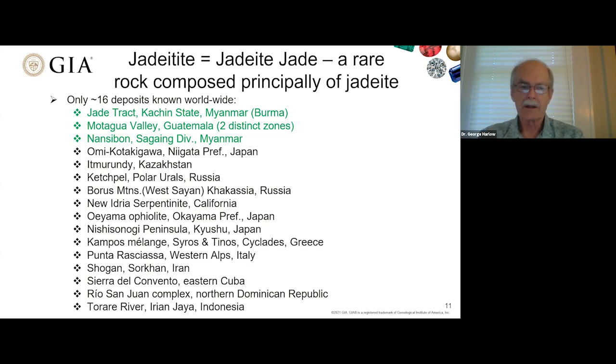And some places like the Ketchpel in the Polar Urals only has a field season of about a month, and it's extremely difficult to get to. Many of the places are difficult to get to. So the reality is the only two places where jade is extracted really is in Burma and in Guatemala.